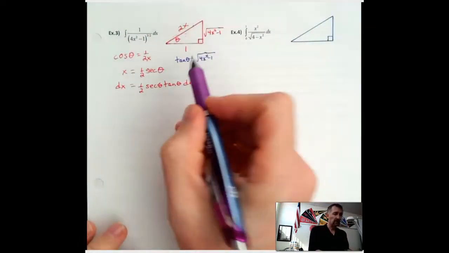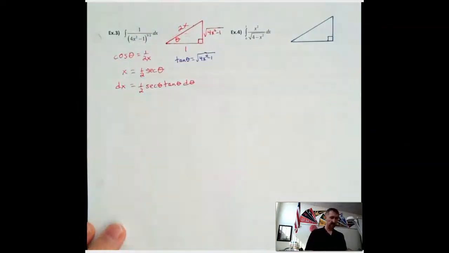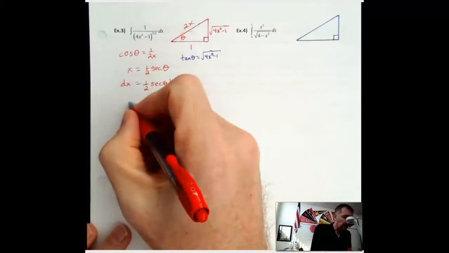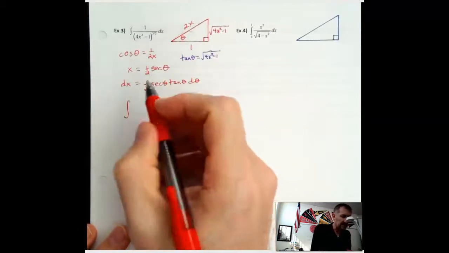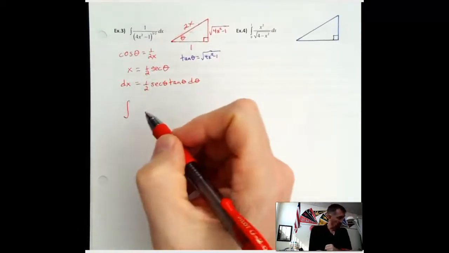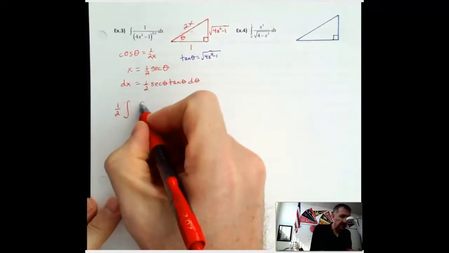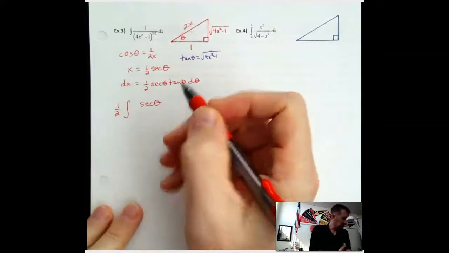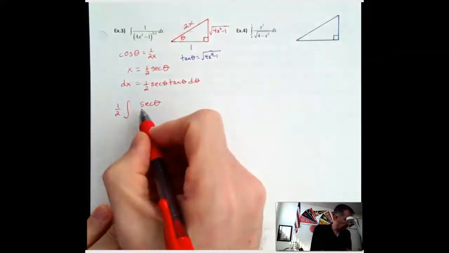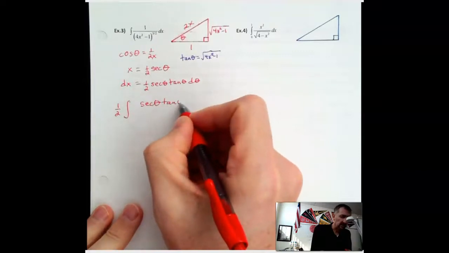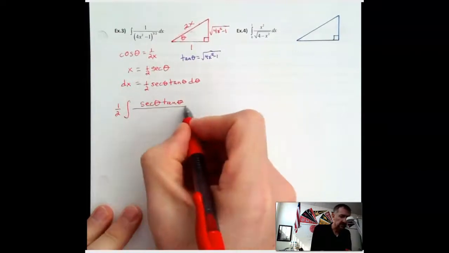So now we can pretty much substitute out that whole thing. So we have the integral, dx is 1/2, so that 1/2 we can pull all the way out front here. Secant tangent, I'll just put the d theta on the side.